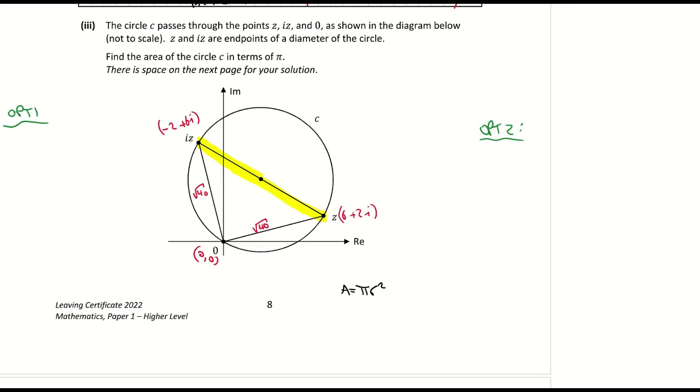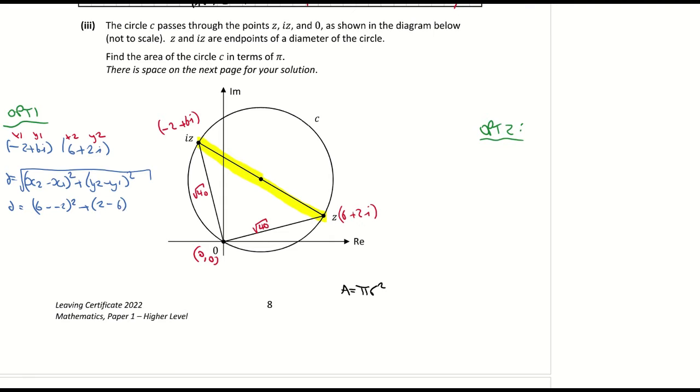So my 2 points are minus 2 plus 6i and 6 plus 2i. I use the distance formula from my log tables: x2 minus x1, all squared, plus y2 minus y1, all squared, all in a square root. Label my 2 points x1, y1, x2, y2. Filling that in, I get 6 minus minus 2, plus 2 minus 6.